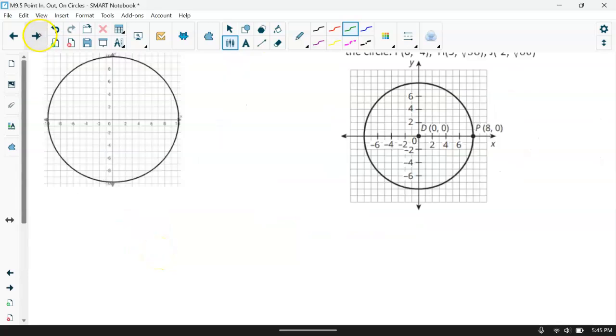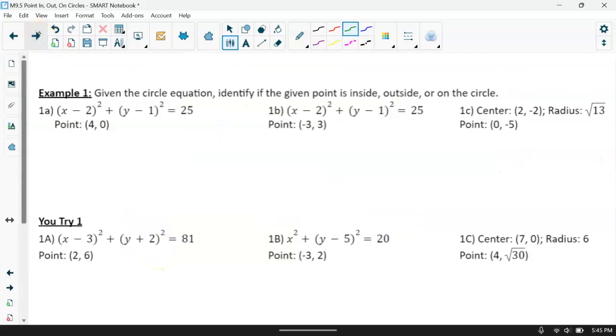So here, given our equation, we're going to test to see if our point (4, 0) is inside, outside, or on the circle. So here's our x, here's our y, and we're going to substitute for x and y. X is 4, so (4 minus 2) squared plus (y is 0) (0 minus 1) squared is equal to 25.